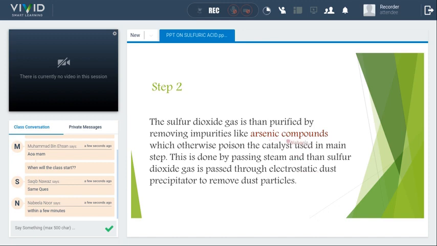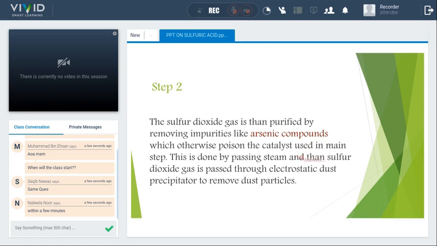It has some impurities of arsenic compounds. If we do not remove arsenic compound impurities from the sulfur dioxide, then the catalyst cannot work. These impurities will poison the catalyst used in the main step.